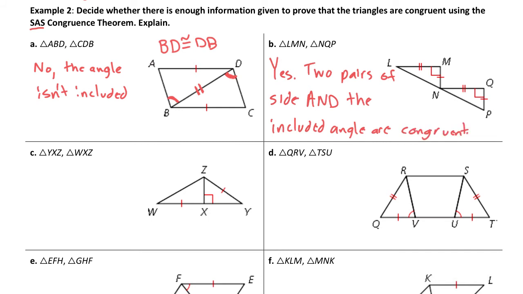So that included angle is important. So it's always two pairs of sides, one pair of angles, and they have to be included. That angle has to be included.